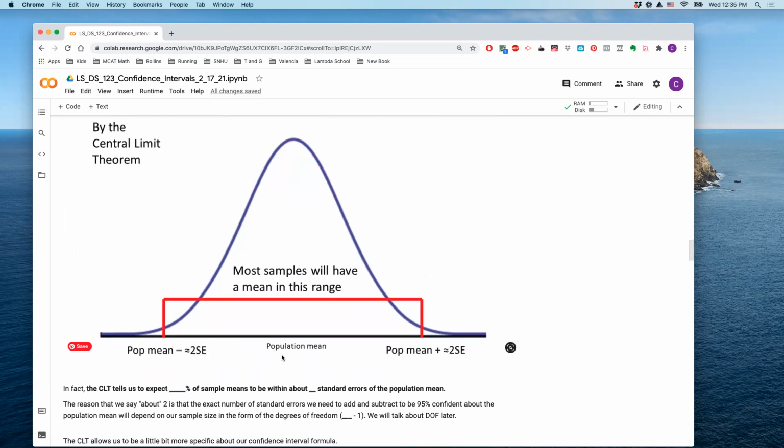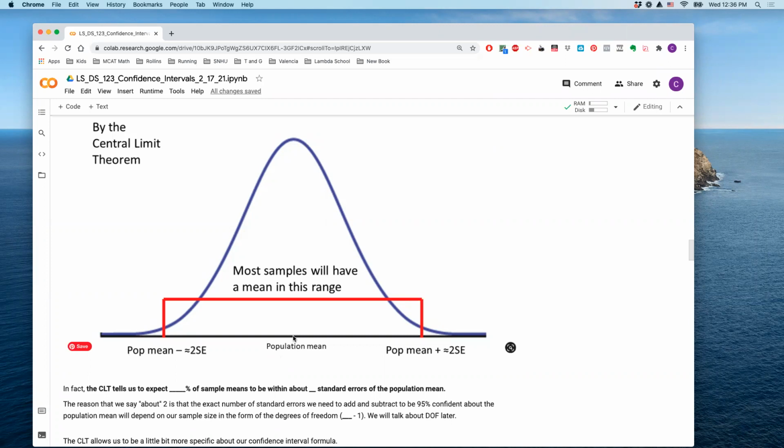What the central limit theorem tells us, and this is a slightly different rephrasing of what we talked about on Monday, is again, the wonderful thing about the normal distribution is that most samples that you could generate from a population will have a sample mean that's very close to the population mean. And few will have a sample mean far away from the population mean.